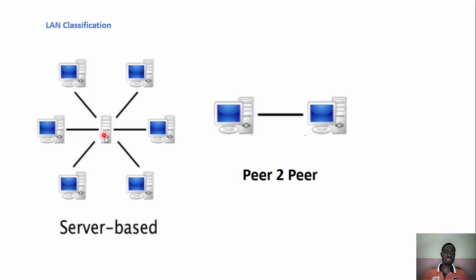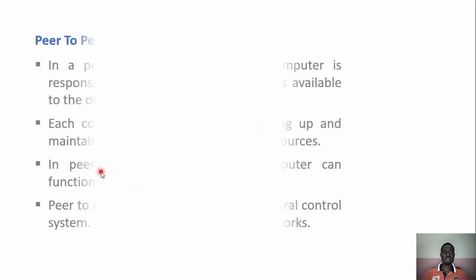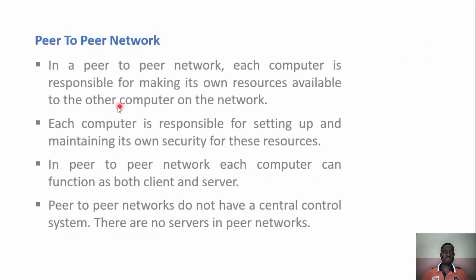So the server is connected to the network, then the clients, which are the user PCs, are also connected to the network. They receive resources from the server. On a peer-to-peer network, it's a network where each computer is responsible for making its own resources available to the other computer on the network.